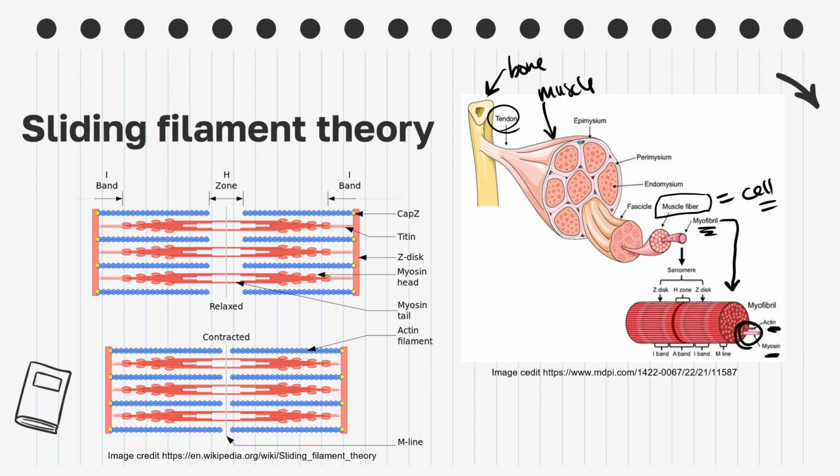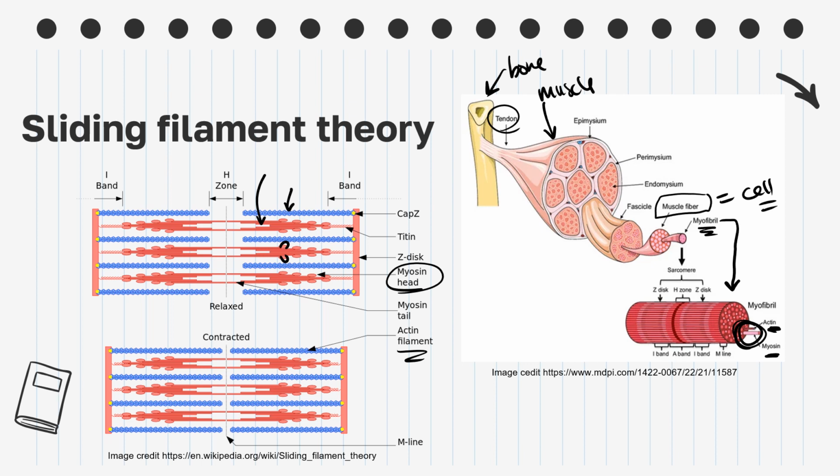We're going to zoom in on one of these tiny little pieces of this bundle, this myofibril that's in a muscle cell, muscle fiber, that's in a muscle that's attached to a bone with a tendon. We're going to focus in on this super quick. So a bundle of actin and myosin. Here's some actin and here's some myosin. Actin filaments, myosin have these super cool little divots. We're going to call them myosin heads.